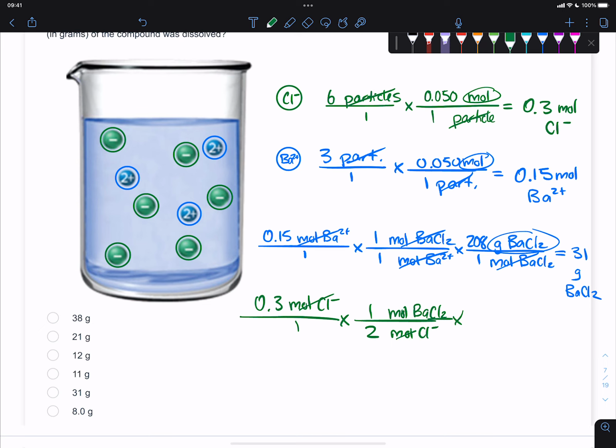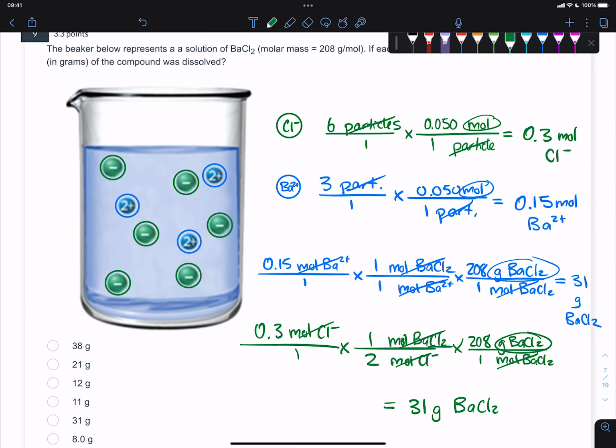So we have moles of chloride ions cancel, and then you can go from the moles of barium chloride to the grams of barium chloride, and we get that 1 mole is still 208, because now we're looking at barium chloride, and we still get about 31 grams of barium chloride.